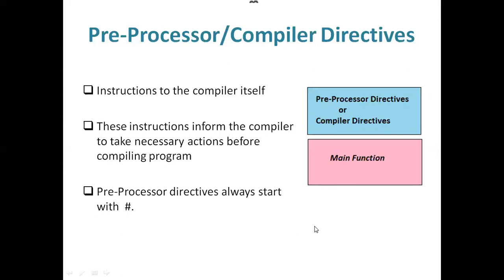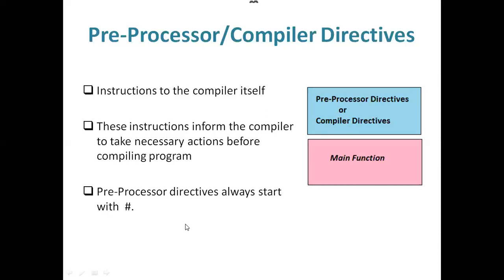The instructions which we want to execute are written in the main function, but there are some things which we want the compiler to do before executing our instructions. These instructions inform the compiler to take the necessary actions before compiling the program. Therefore, these are called preprocessor directives or compiler directives.